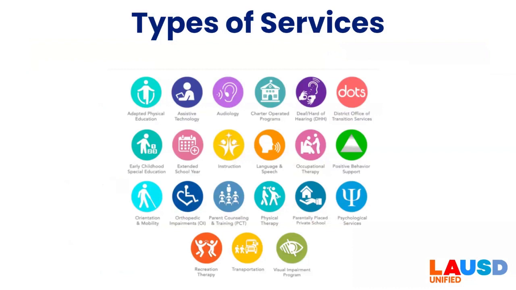Depending on what is written in the IEP, service providers may be coming into your room to work with the student, pull the student out, or consult with you on what to provide for the student during class time. Regardless of how the service is received, you should be collaborating with the service provider on an ongoing basis. You can find the FAPE Part 2 types of services on the IEP document and in MISIS.